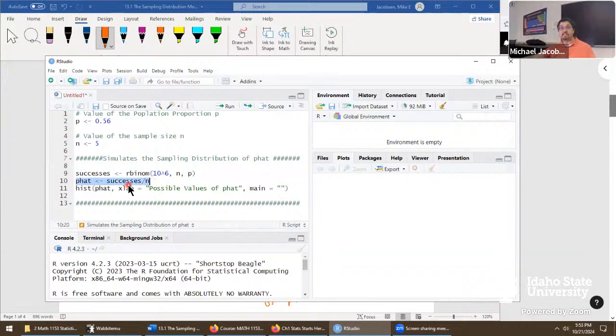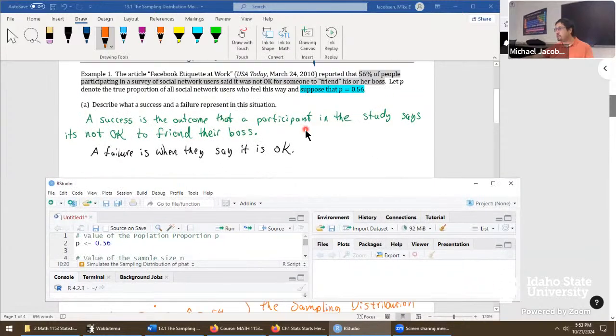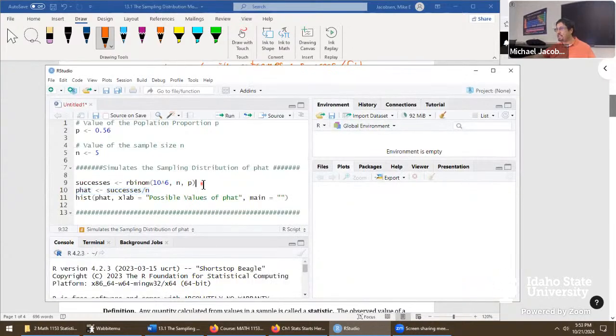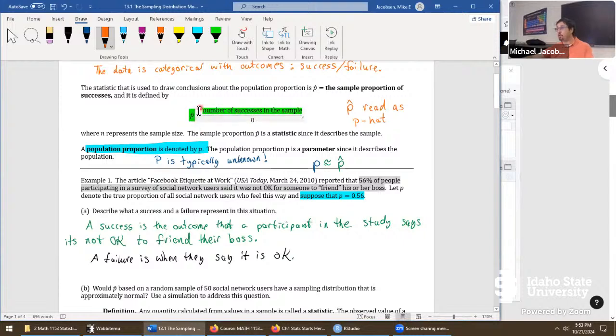It takes the number of successes and divides it by n. That's just doing this right here. P hat, number of successes, divide by n. The mysterious part is this right here. It's using a random number generator from something called the binomial distribution to actually approximate this whole process of gathering successes when you have a supposed value for the true proportion of successes.